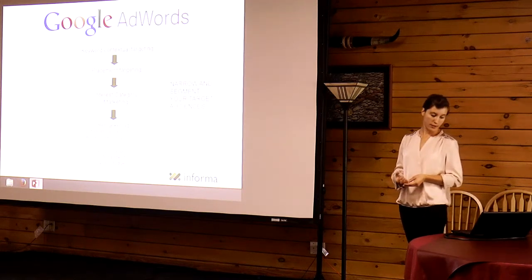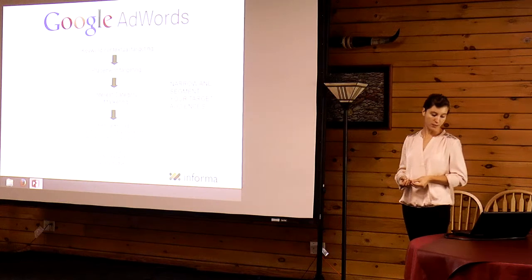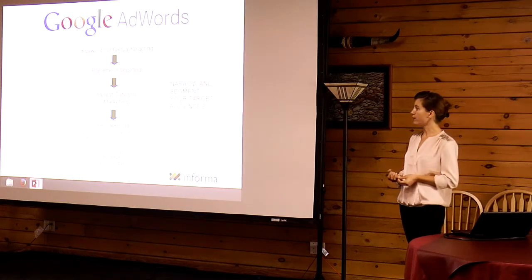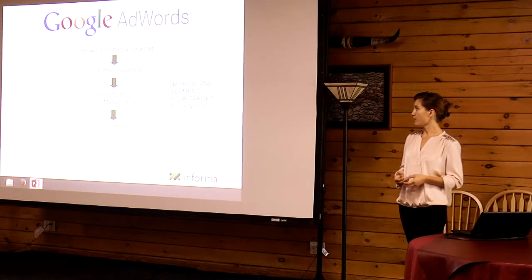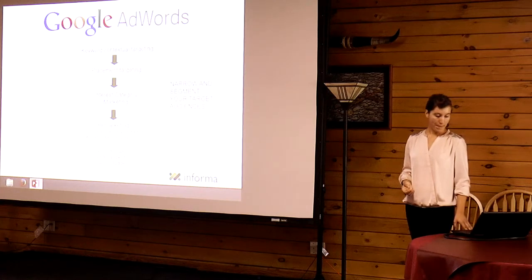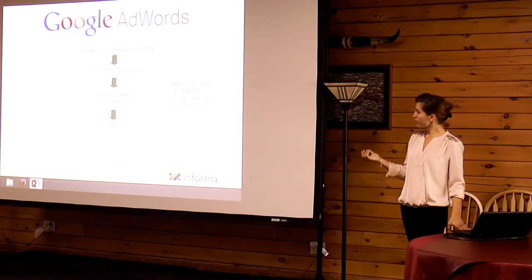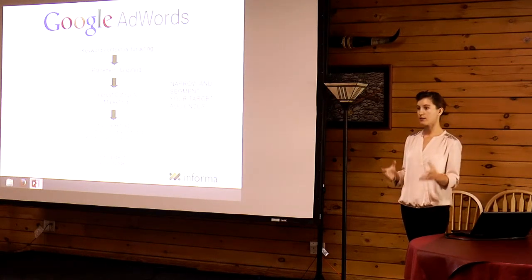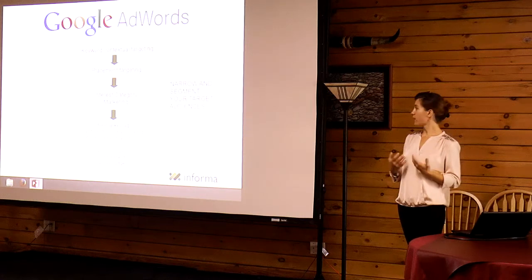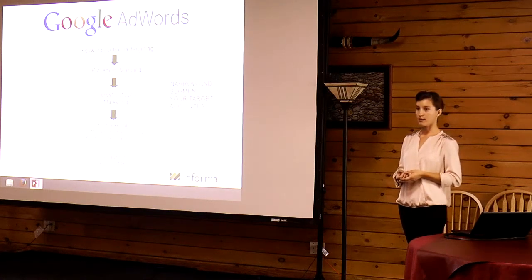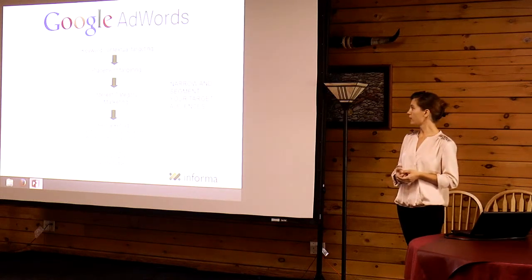And remarketing is also a part of interest category marketing, because it lets you engage with users who have already been to your website. The idea is, the more you segment your target audiences, the more relevant ads you can show to them, and they are more likely to convert.